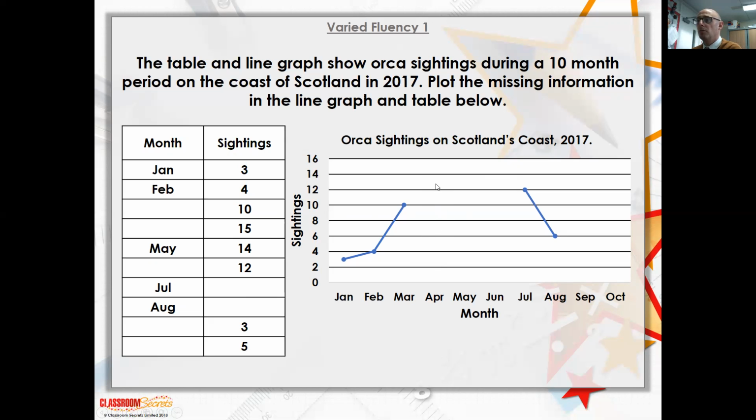So I've reached 12, 14, or 16 is too much. So 15 must be in the middle. May is shown as 14. So I'd go to May and I'd plot it there, on that line there. And if I was to continue doing this and I could join the dots and I could complete the table, I would end up with a graph and a table looking like that.